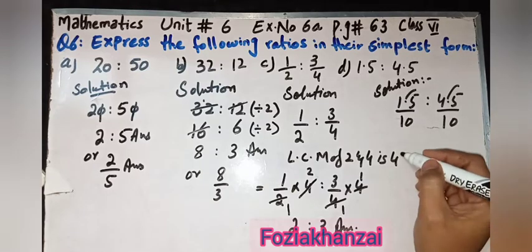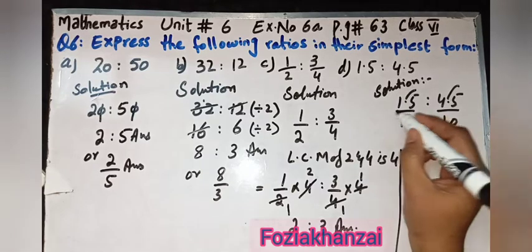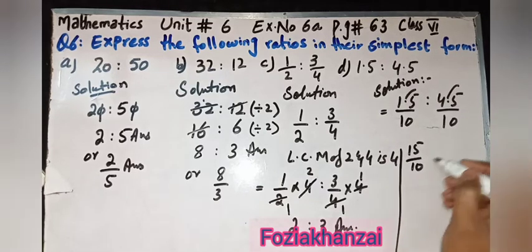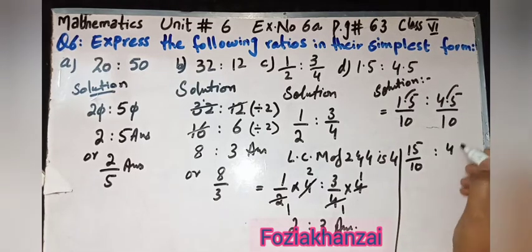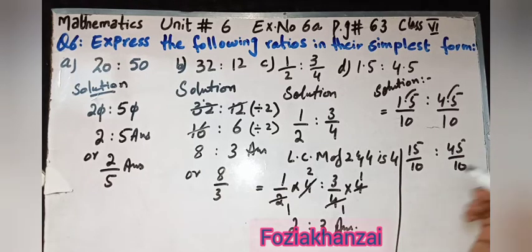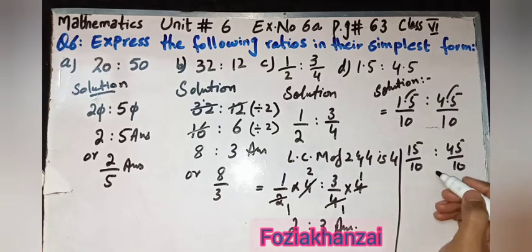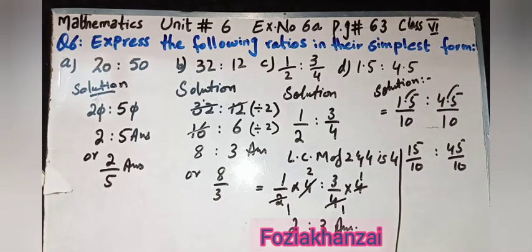Clear? The next step, 15 upon 10 ratio 45 upon 10. Okay, now both have the same denominator, so it's up to you, take out the LCM or not.